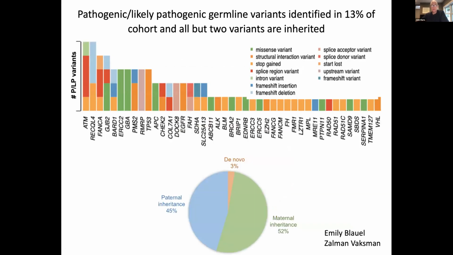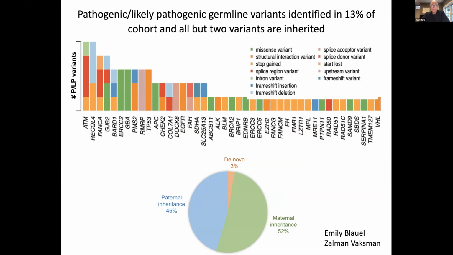So just very briefly on the germline, this is what we have found in the cohort, that 13% of the patients in our cohort had a pathogenic or likely pathogenic mutation in these genes that you see here, which are all bona fide cancer predisposition genes.